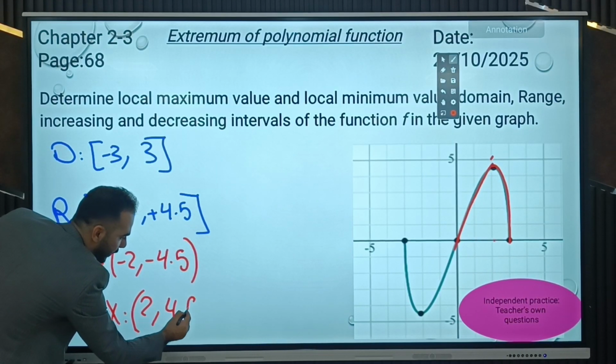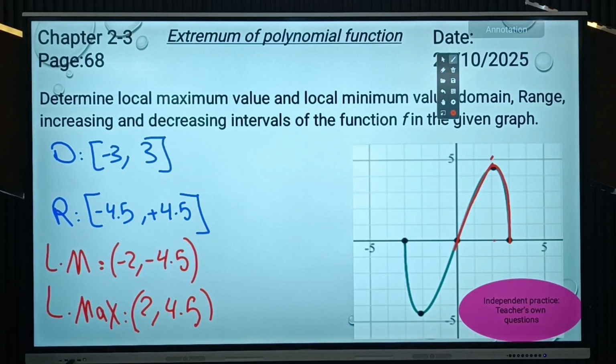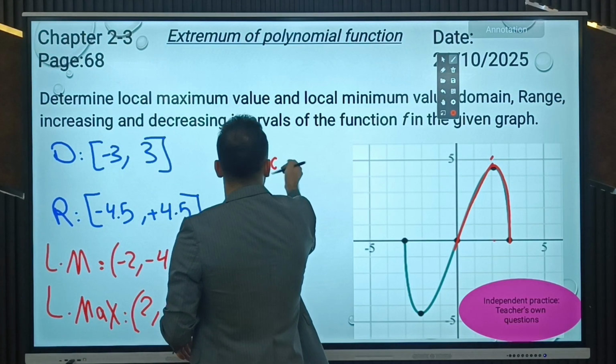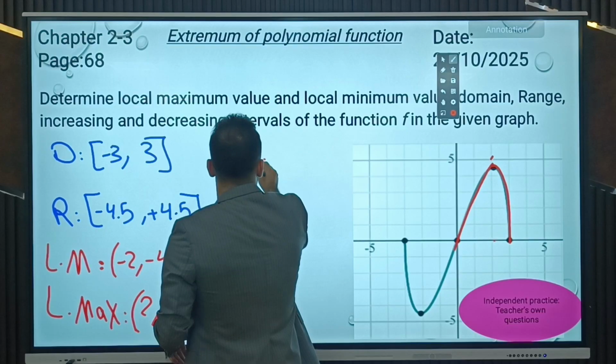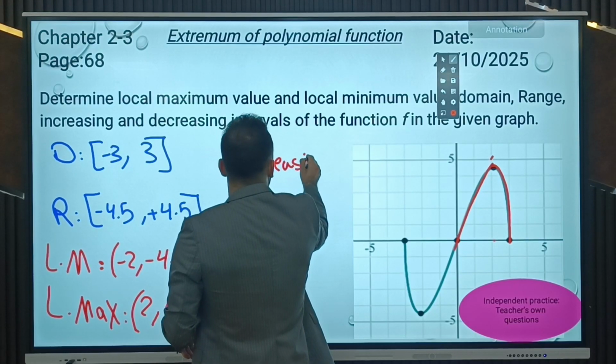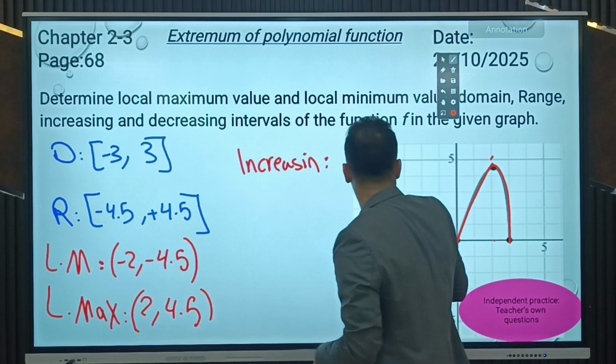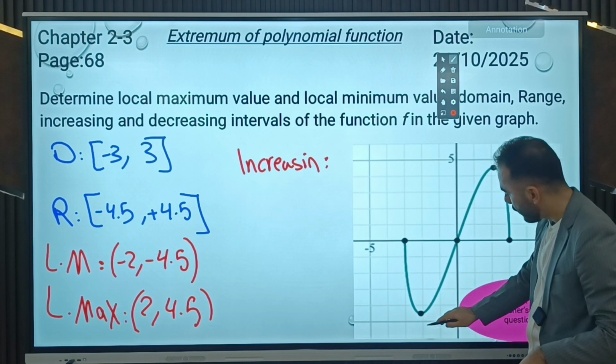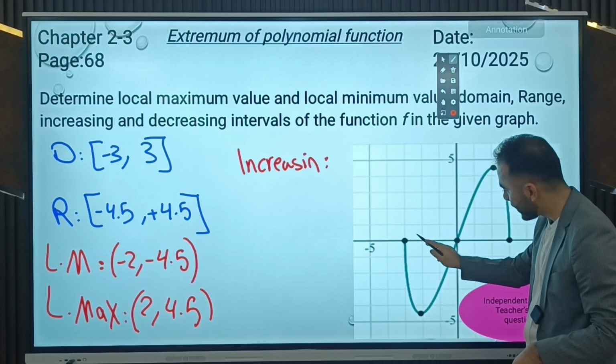And the increasing and decreasing intervals. So the increasing interval is from negative 2, it's increasing until positive 2.